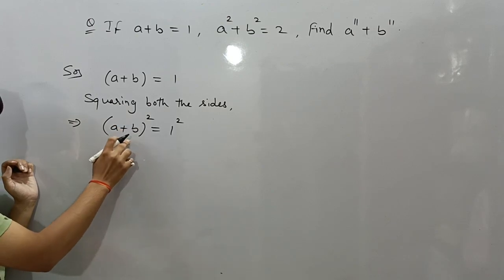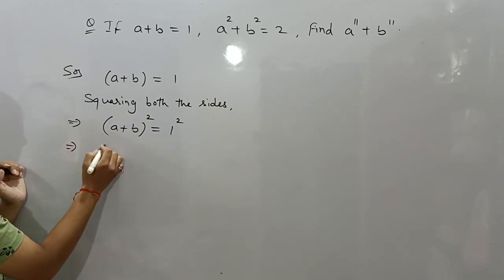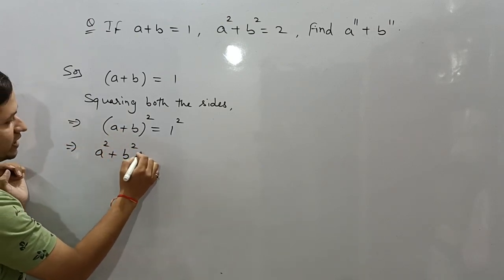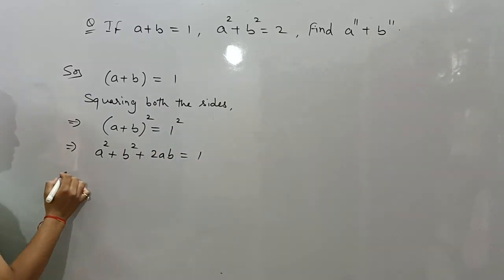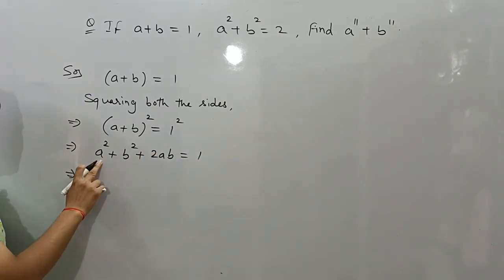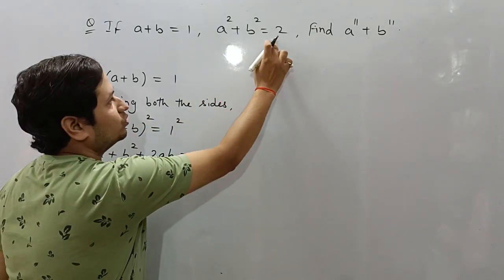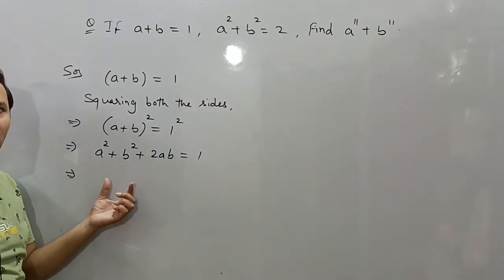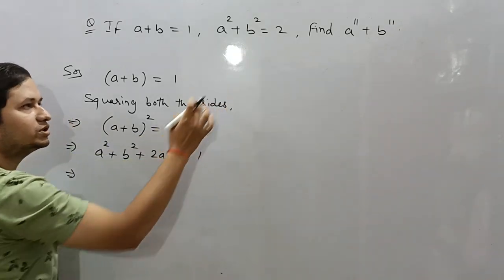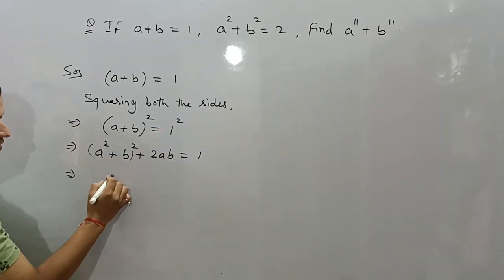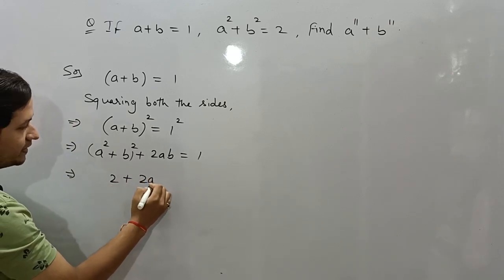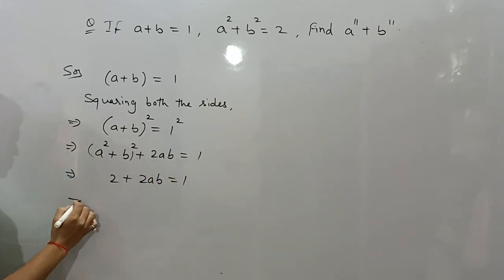Now, (a plus b) square is equal to a square plus b square plus 2ab, and 1 square is 1. But a square plus b square is 2. We have been given that the value of a square plus b square is equal to 2. So we will put here a square plus b square is 2, plus 2ab is equal to 1.